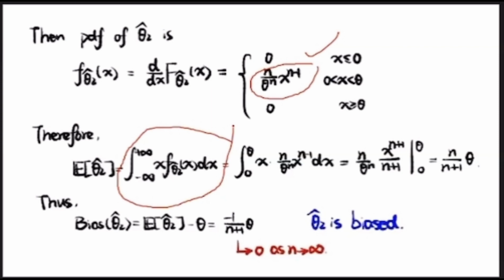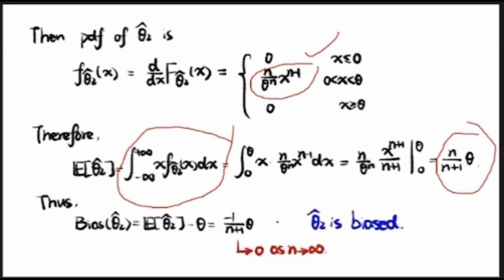At the end of the day, you see what I got? I got n over n plus 1 theta. Of course, that is biased because that does not give me theta. It gives me n over n plus 1 theta. Which means I can calculate my bias now.